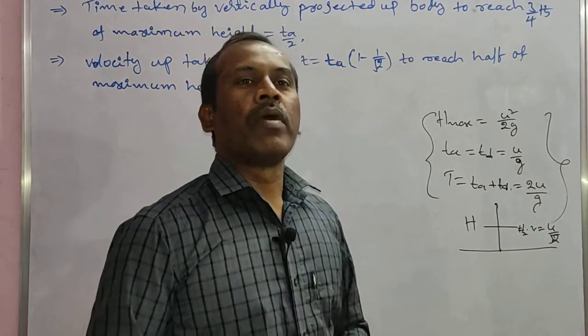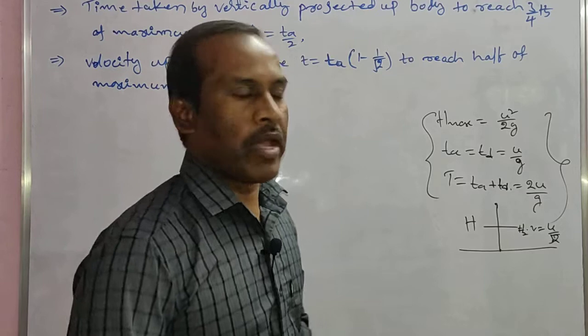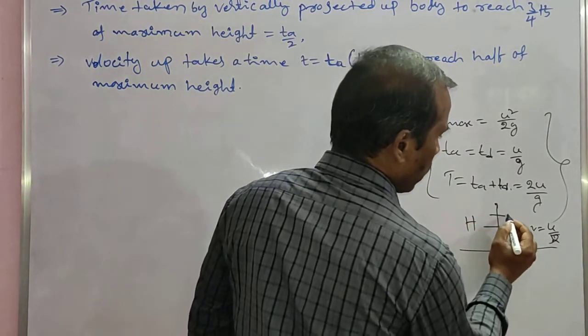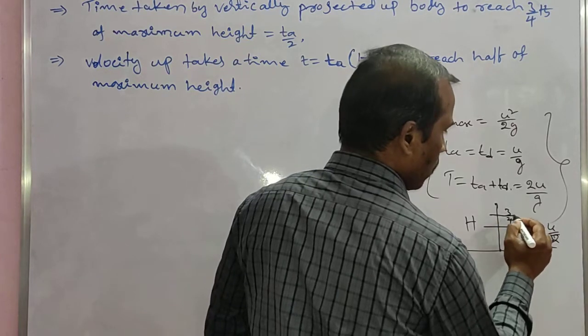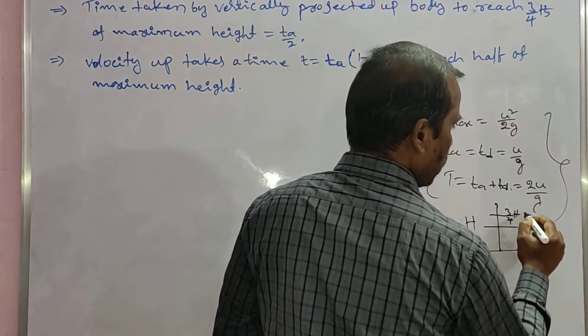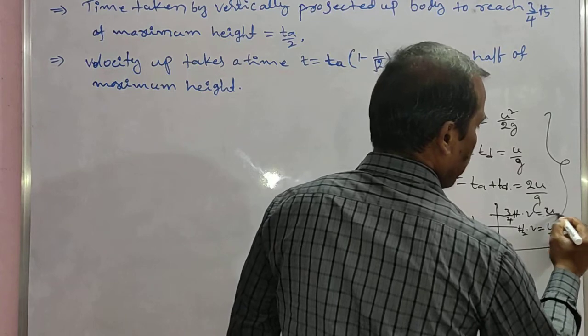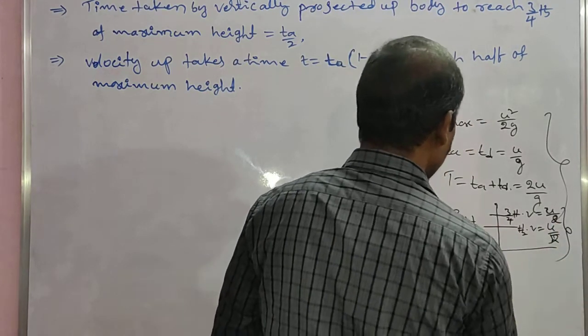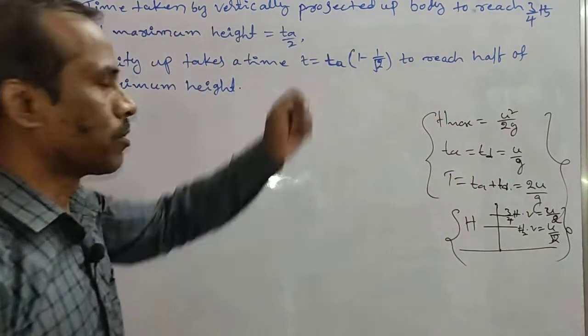At 3/4 of the maximum height, this point here, the velocity is equal to u by 2. We now use these formulas in this explanation.